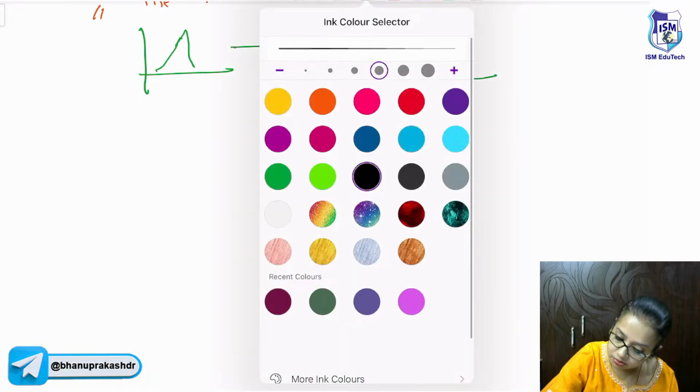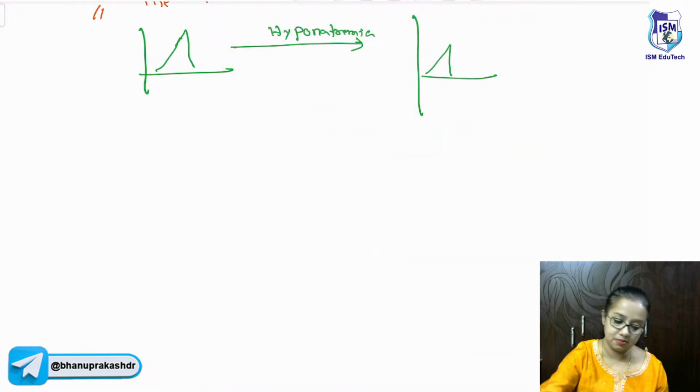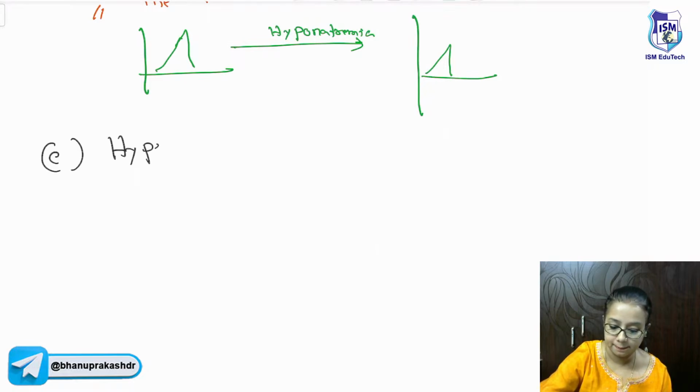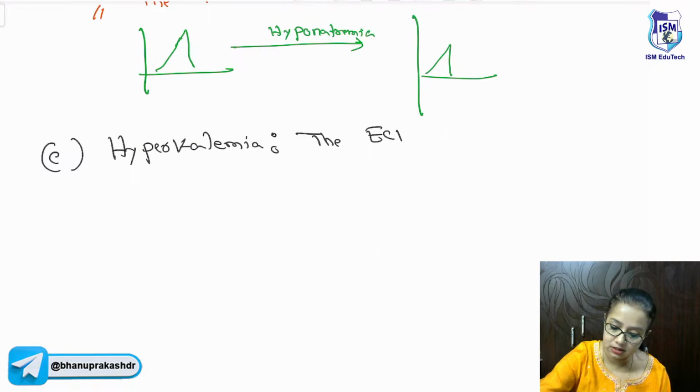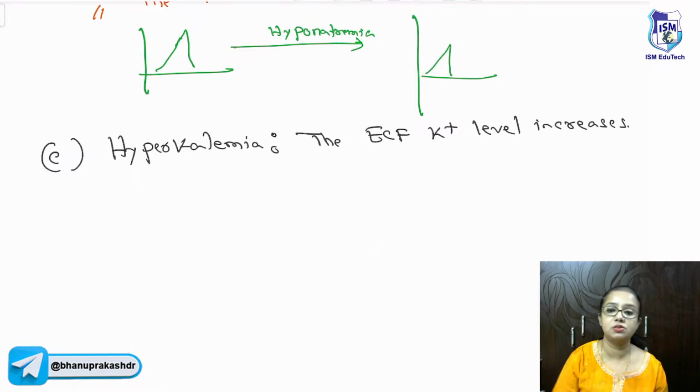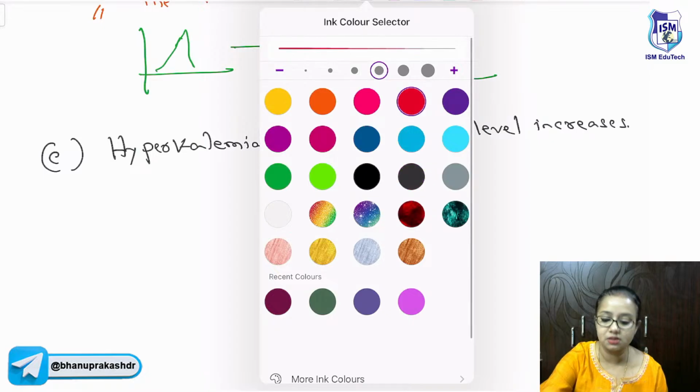Let's talk of hyperkalemia. The third thing, hyperkalemia. Here the ECF potassium level increases. Now let's understand what may happen.